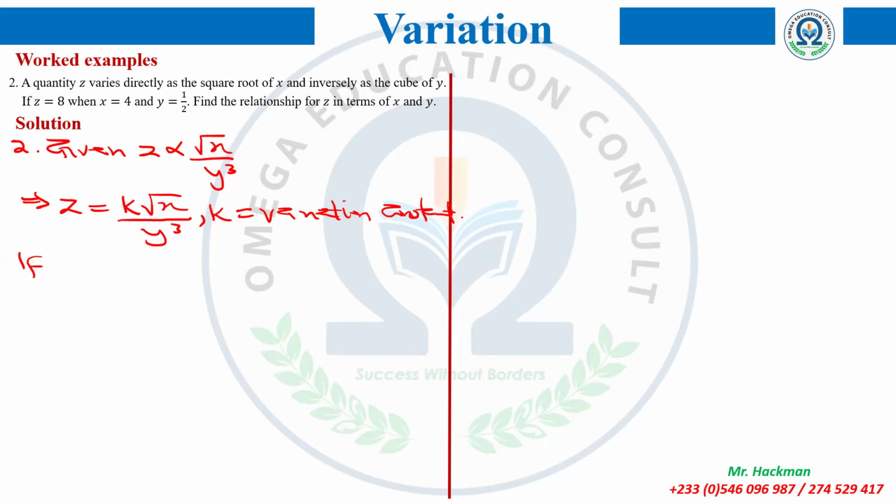Only that I will advise you substitute before you make k the subject, because if you make k the subject, you'll be dealing with letters, and if your change of subject is wrong, you are doomed as well. If you want to go that route, make sure your change of subject is on point.